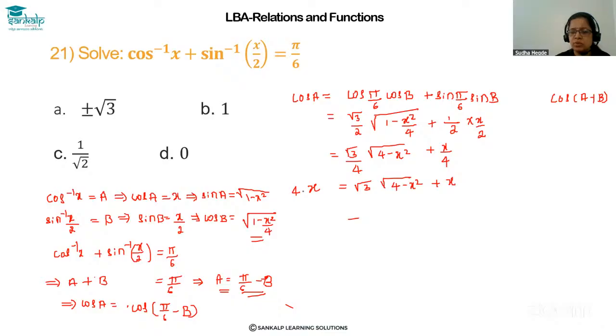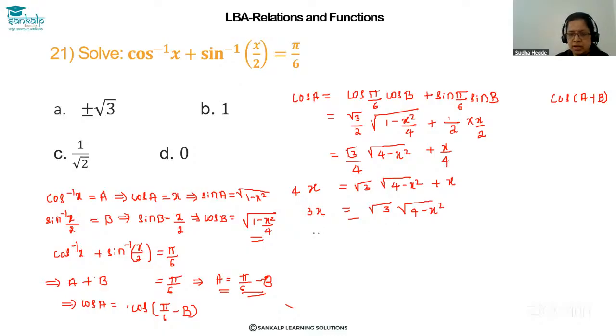Move this x to this side. 4x minus x is 3x. So 3x is equal to root 3 into square root of 4 minus x square.